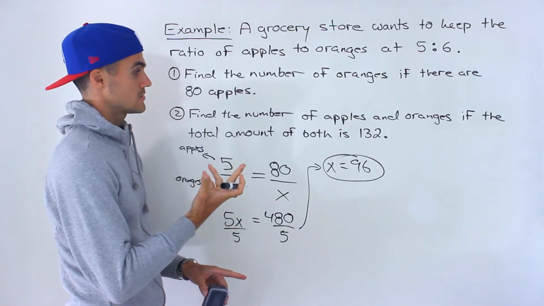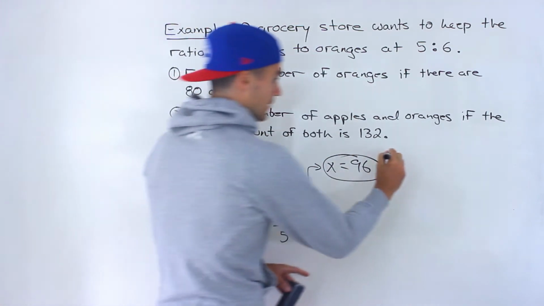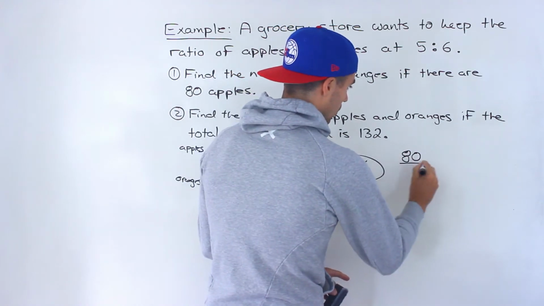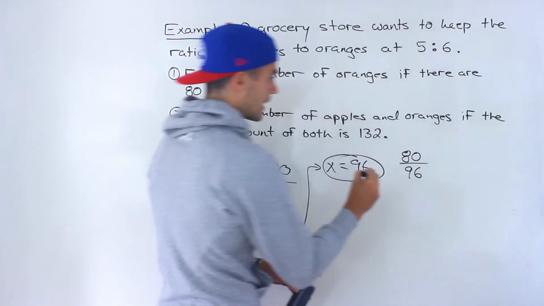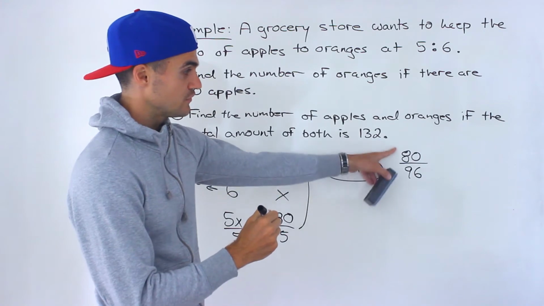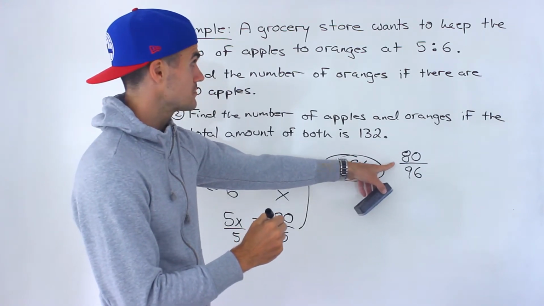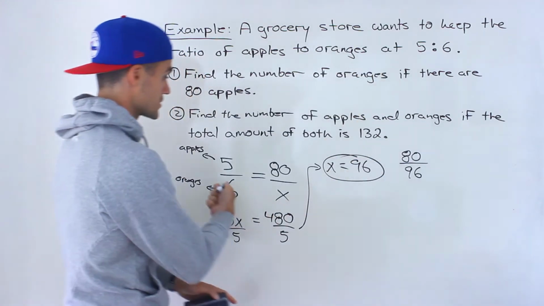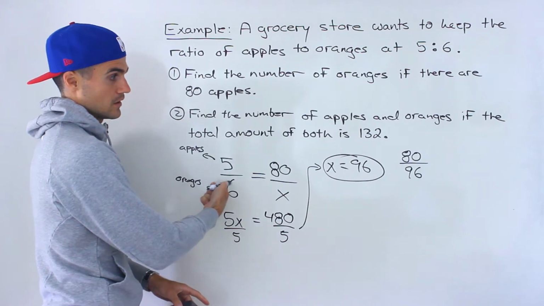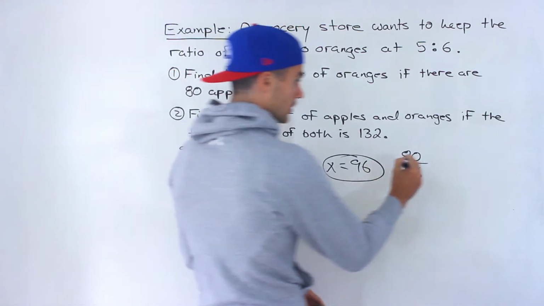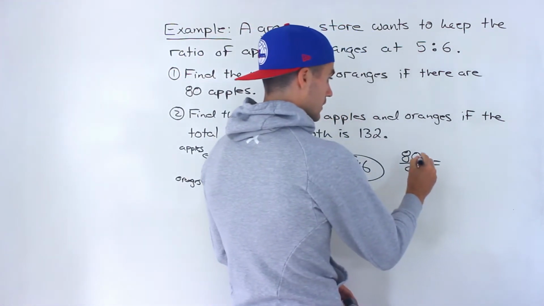You can actually check your answer too. You could take 80 apples over 96 oranges, and when you simplify this fraction, it should simplify to 5/6, what we had here. Let's do it in steps.